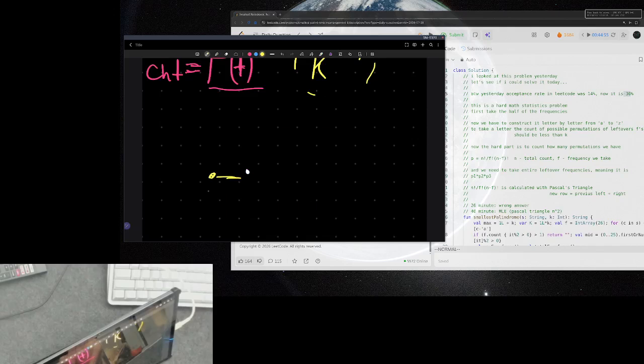I'm not sure how to draw it. So we have the 0 position, and we have a number of permutations like infinite, or I would say a very big number, and this is kth.